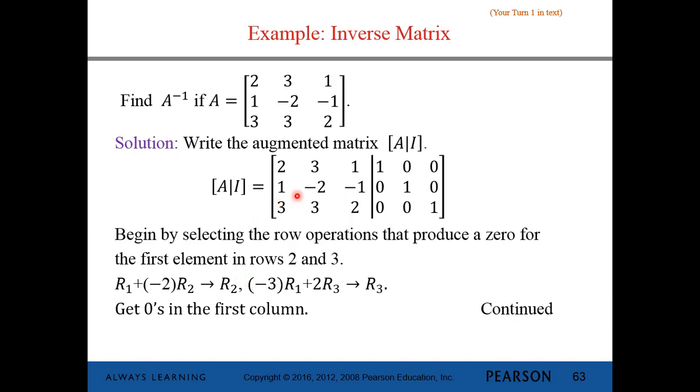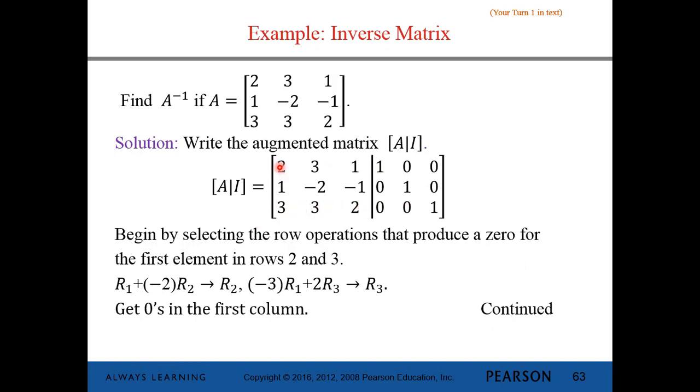Then we're going to do the same thing. We're going to take -3 times row 1, and then add it to 2 times row 3.